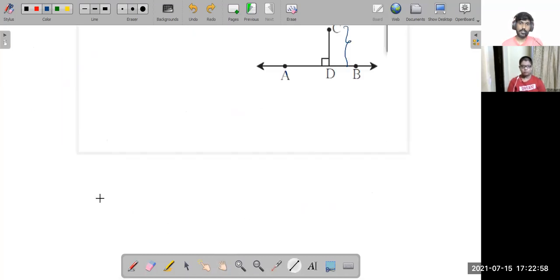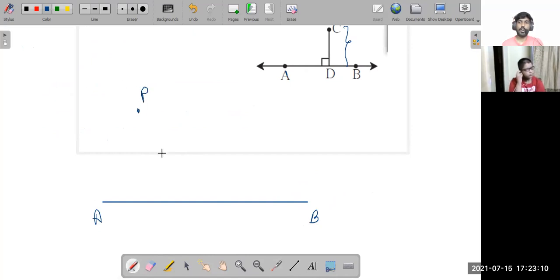So suppose you have a line segment AB here, and I have a point P here. I want to find the distance of point P from segment AB. Now I will draw 3 different lines. You tell me what will be the distance.